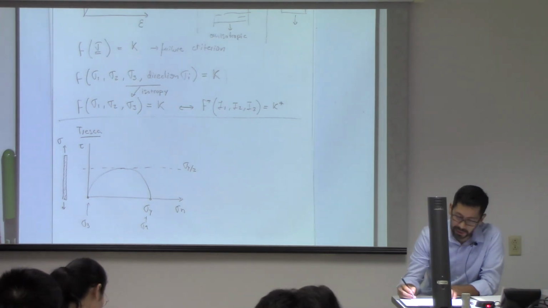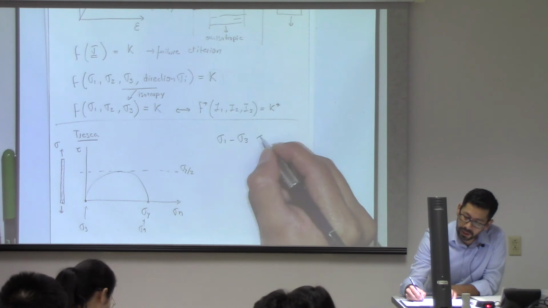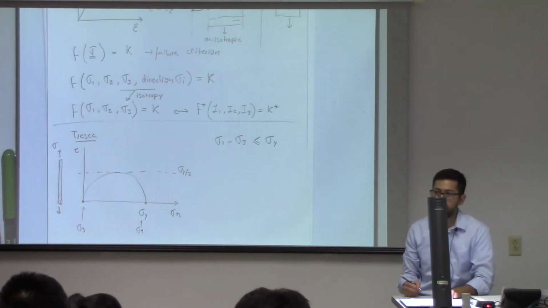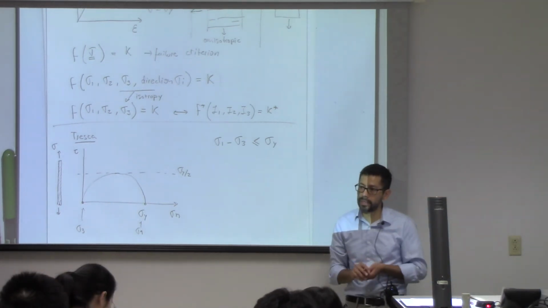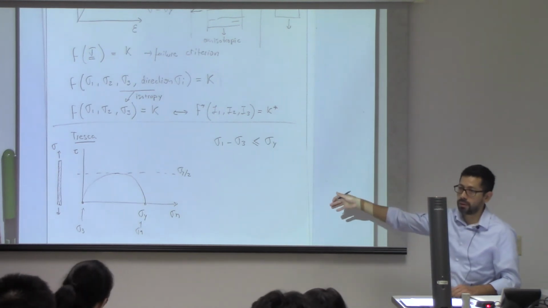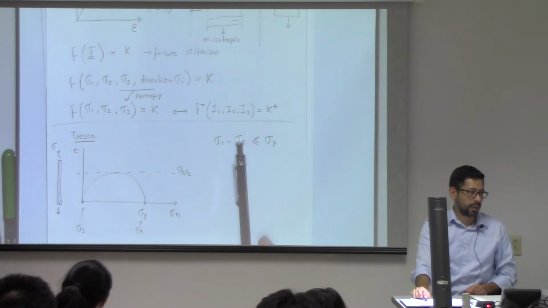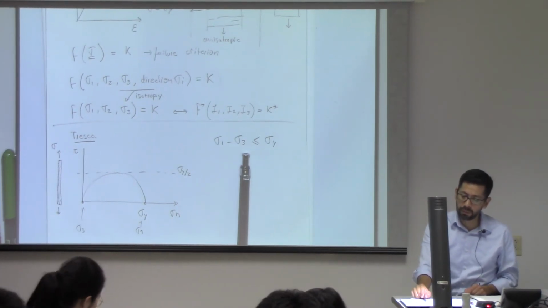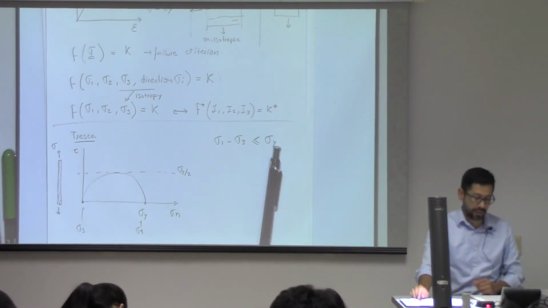What the Tresca criterion says is that sigma 1 minus sigma 3 has to be equal or less than sigma y. As long as you fulfill that condition, you are in the elastic domain. You cannot go beyond that point. There is no possible solution for having a maximum principal stress minus the minimum principal stress larger than that number.